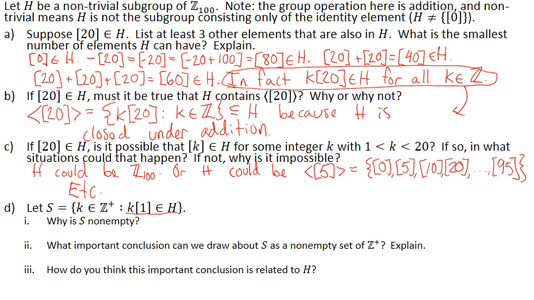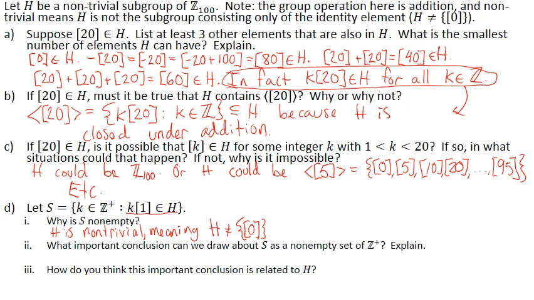So the only things we know about H are that it's a subgroup of Z100 and that it is non-trivial. So I think the only helpful thing there is that it's non-trivial. So H is non-trivial. And again, that means H is not just equal to the set that is only [0], the identity element. H is not just that.